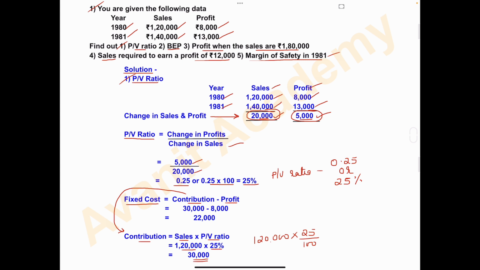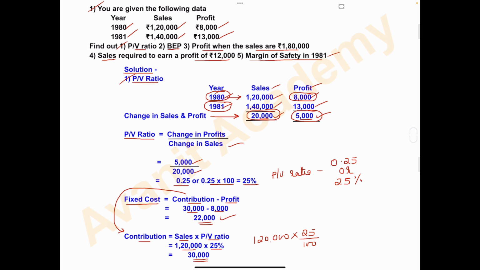Fixed cost is equal to contribution minus profit. Contribution is 30,000 minus profit. We have taken information related to 1980, so the profit amount is 8,000. From 30,000 minus 8,000 you will get 22,000. If you take information related to 1981, you will get the same fixed cost amount, that is 22,000.